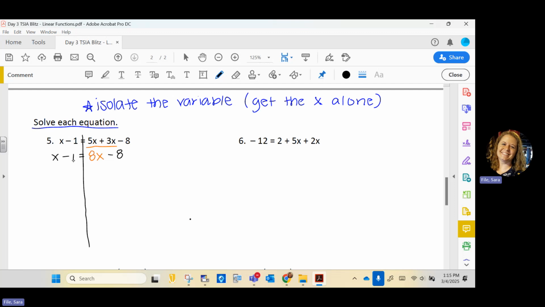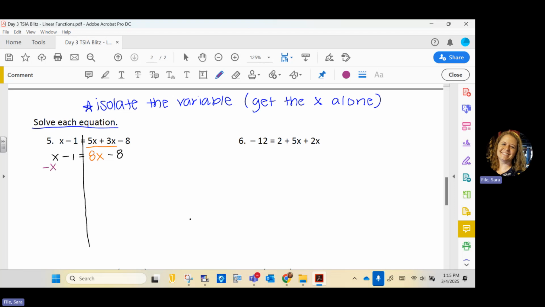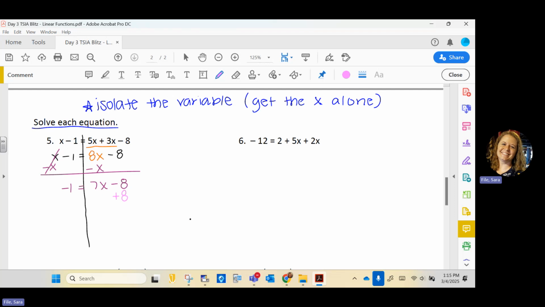I'm ready to start moving terms. So I'm going to get the x's to one side. Since that 8x is already on the right, I'm just going to subtract this 1x over to join it. And that's going to leave me with -1 equals 7x minus 8. Now I've got x's to the right, so I'm going to move my constants to the left.